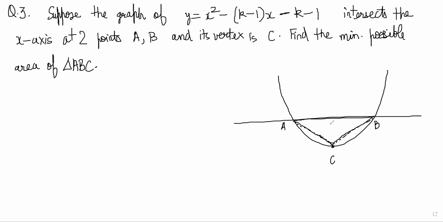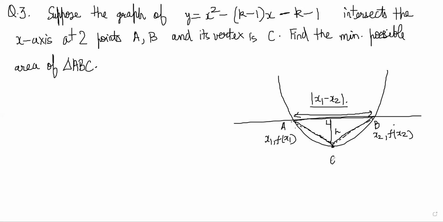Obviously, area of the triangle will be half base into height, if this is h, and this will be the base, right? The base will be the difference between A and B's x coordinates. So if A was x1 comma f of x1 and B was x2 comma f of x2, the base will be mod of x1 minus x2, right? And the height will be the y value of the vertex, right?